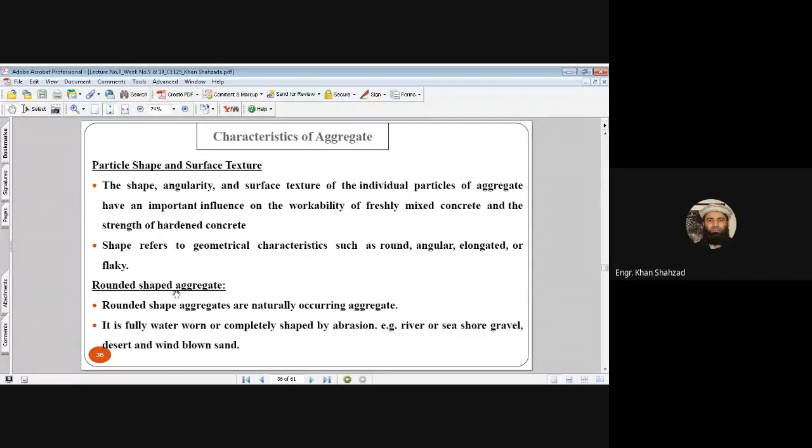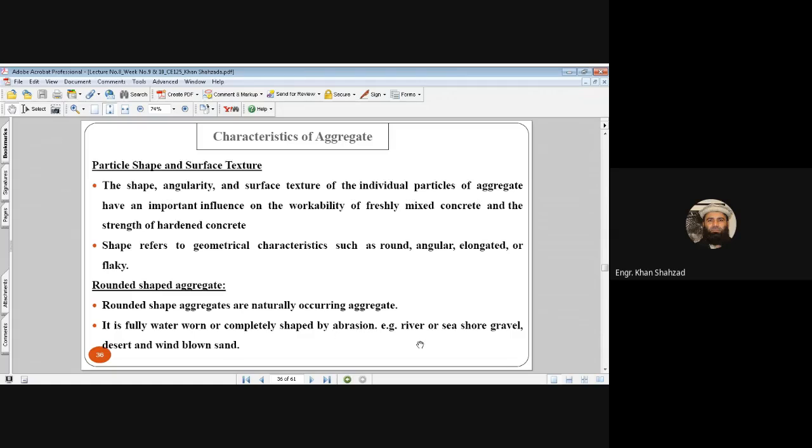Rounded shape aggregates are naturally occurring aggregates. As I told you, normally we are getting them from the river bed sides. They are fully water worn. They have been shaped by the water passing over these aggregates for a long time, completely shaped by abrasion.